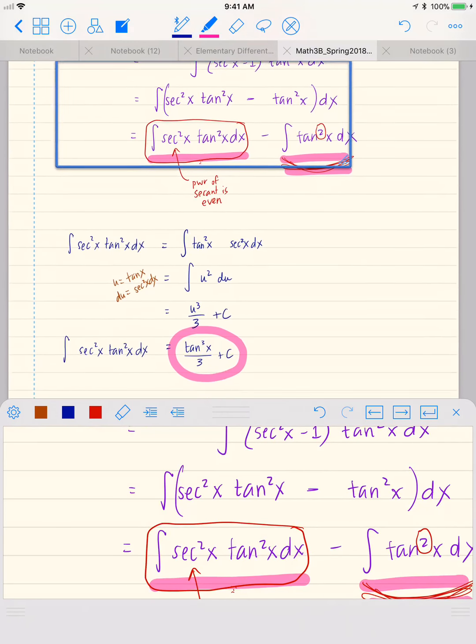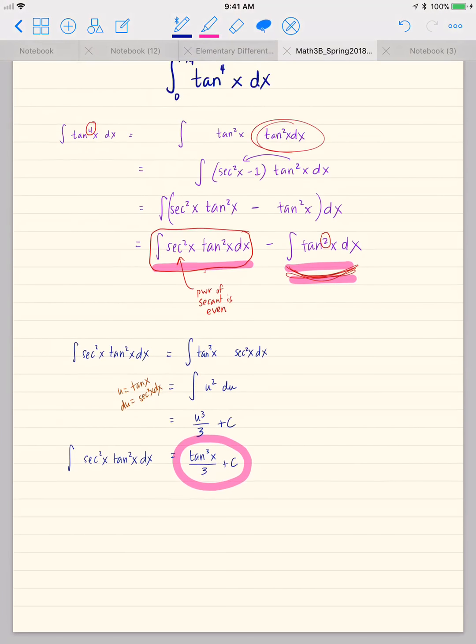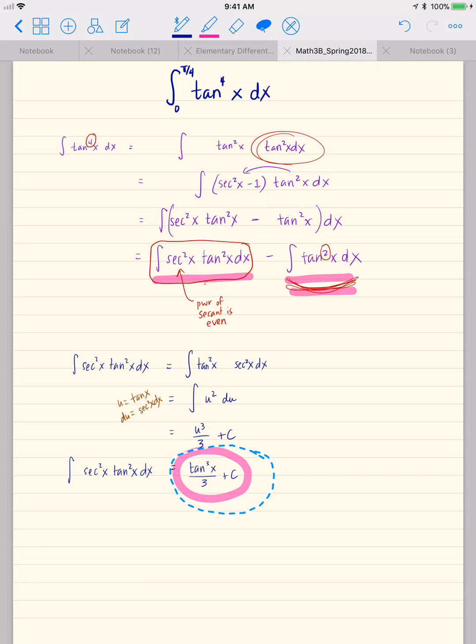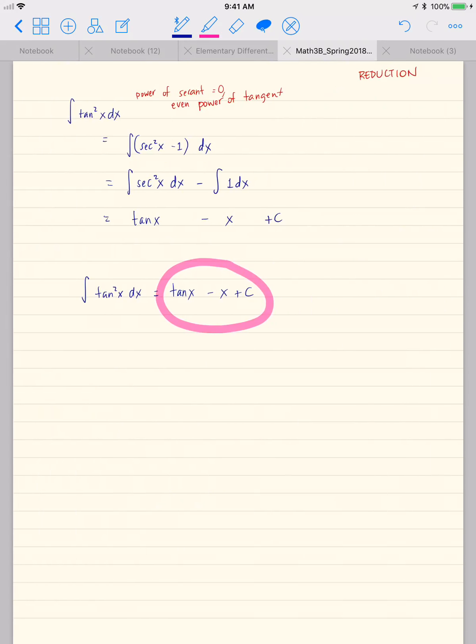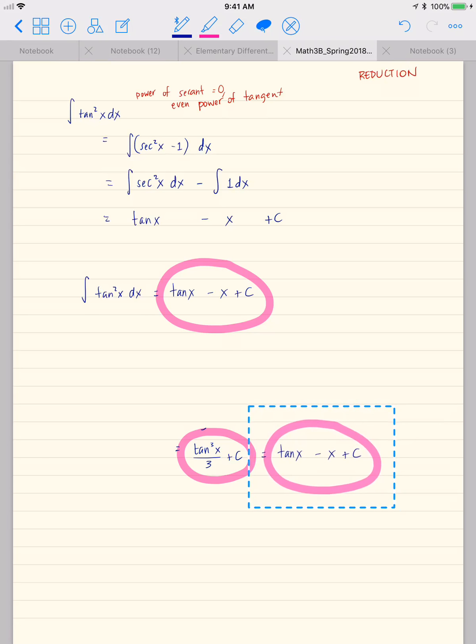Okay, so we should have this tan cubed, copy, paste, okay, and then copy, paste, minus, this is equal to our integral of tangent to the fourth power of x dx, plus c.